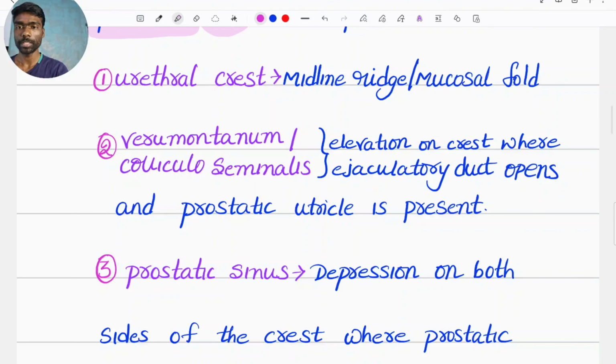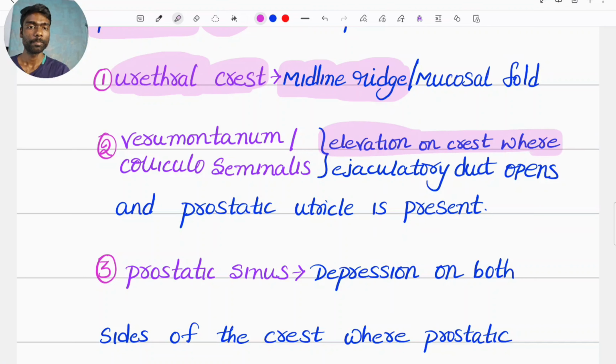First, in the middle, it is the urethral crest, nothing but a midline ridge or mucosal fold. On top of this urethral crest, there is an elevation where the ejaculatory ducts open. What is the ejaculatory duct? It is formed by the duct of the vas deferens from the testis and the duct of the seminal vesicle.